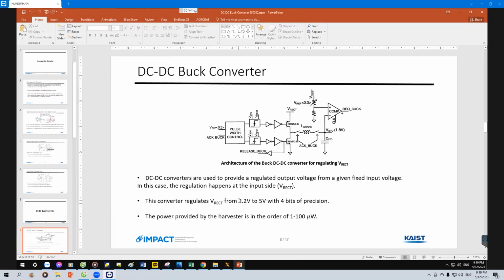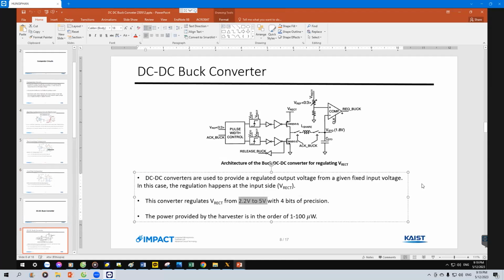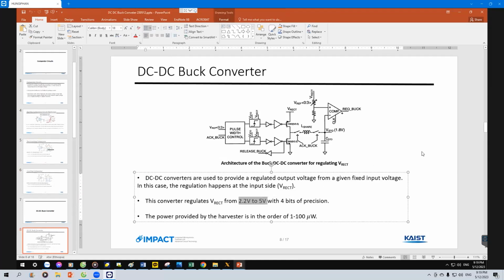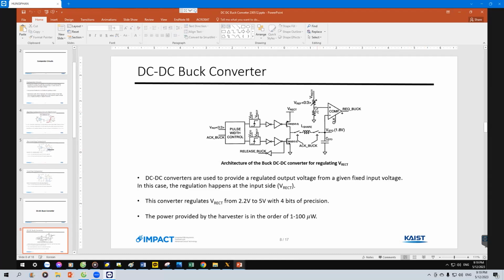In here, the range is quite small, right? It's a small range from 2 to 5. So your reference voltage range is small.